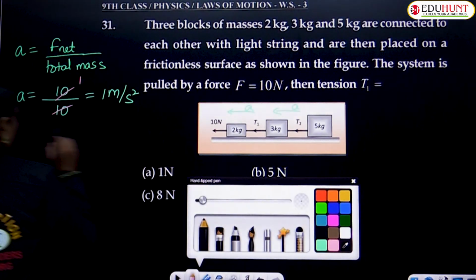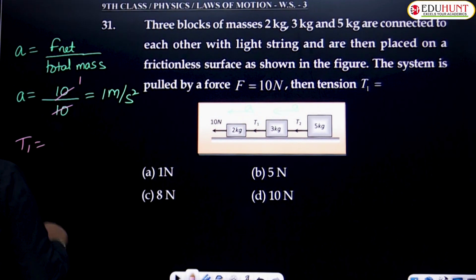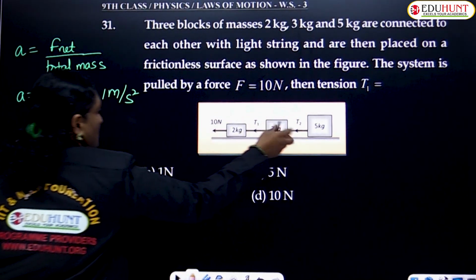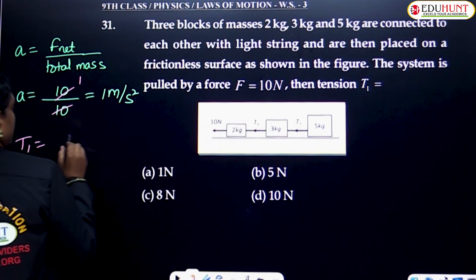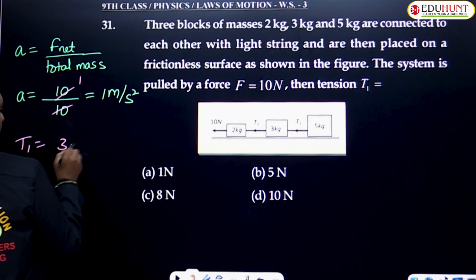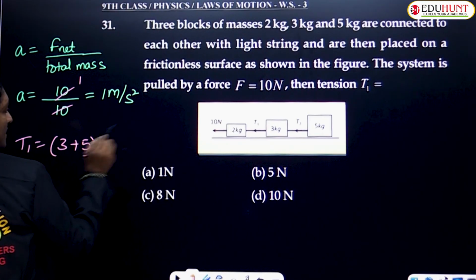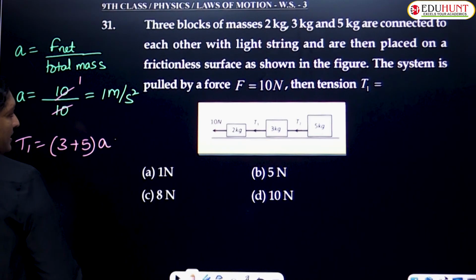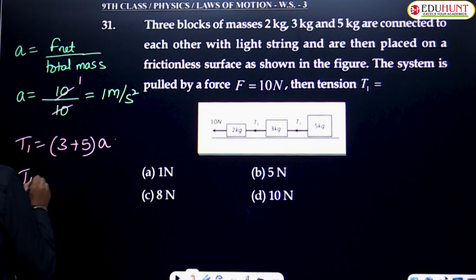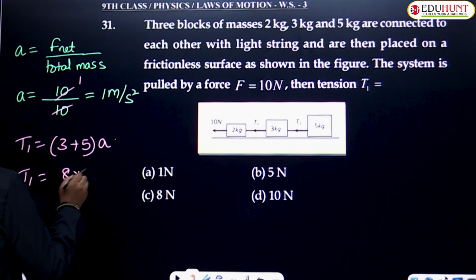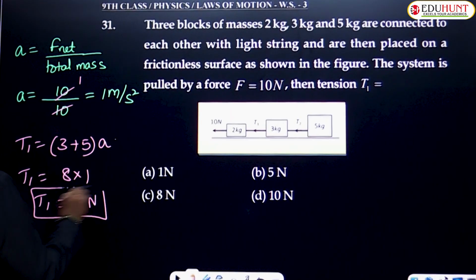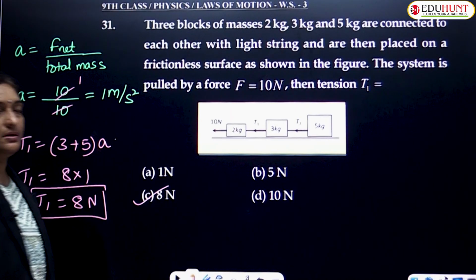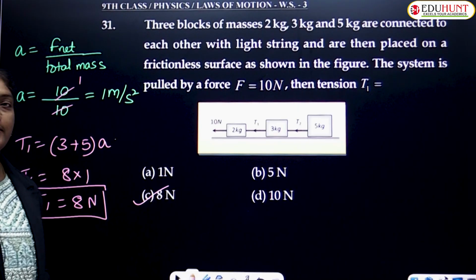Hence the value of tension T1 is equal to the total mass being pulled by it, that is 3 kg plus 5 kg, into the acceleration. So T1 is equal to 8 into 1, or T1 is equal to 8 newtons. Hence option number 3, that is C, 8 newtons, must be true.